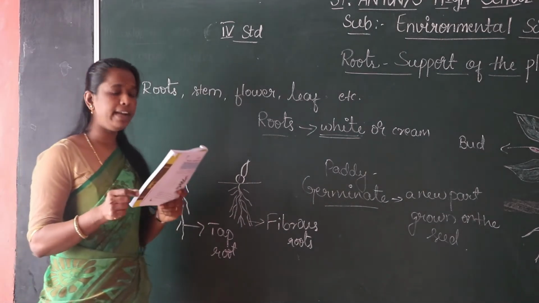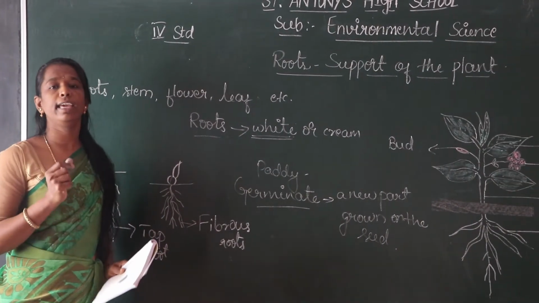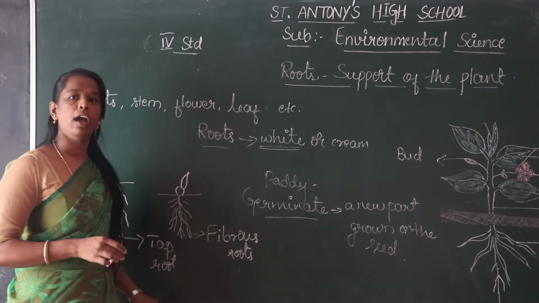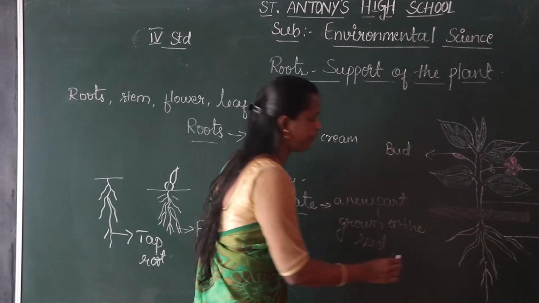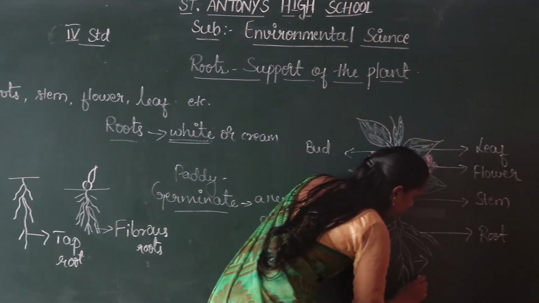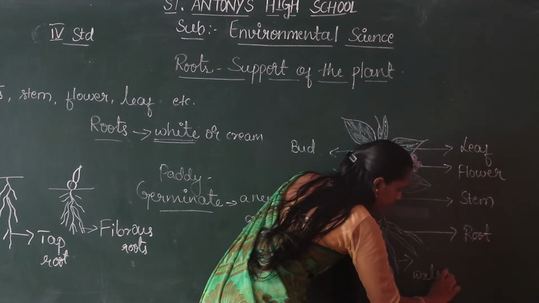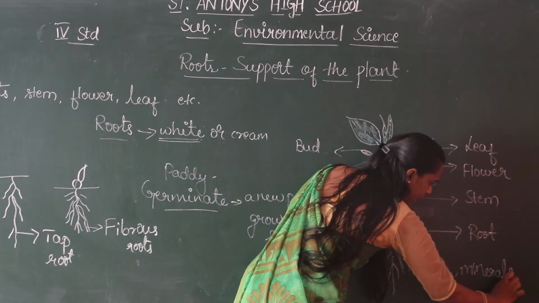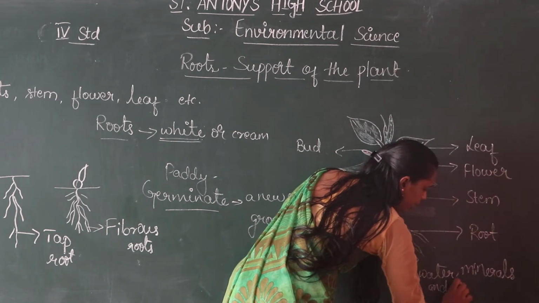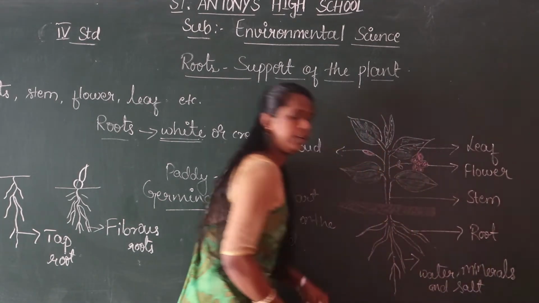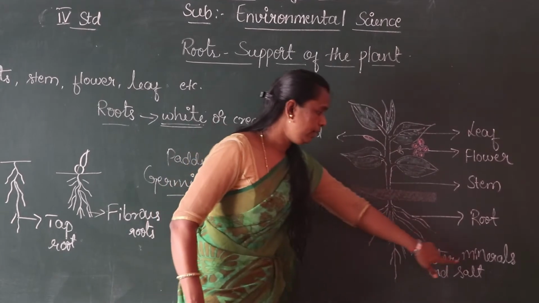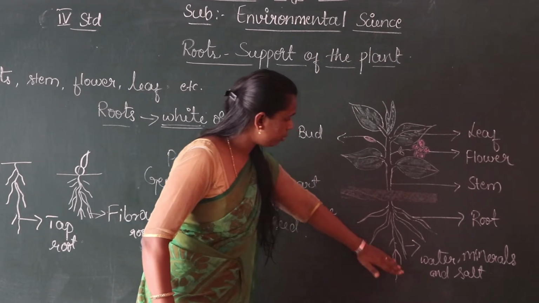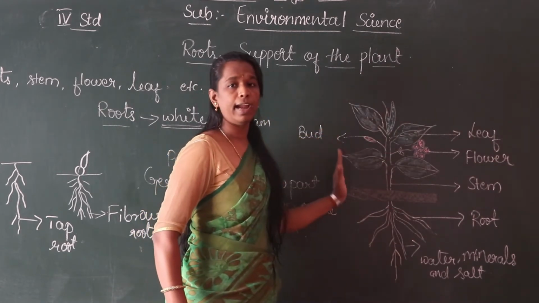So roots bind the soil together like a web, and give support to the plant, and also transport water, minerals and salt in the soil from roots to all parts of the plant body.